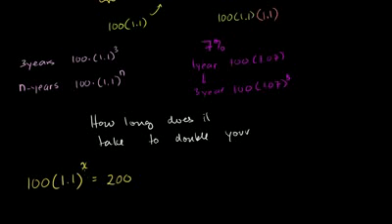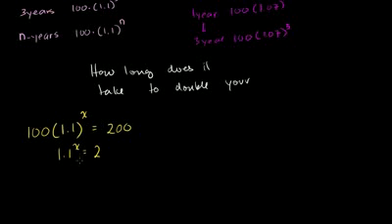And I'm going to have to solve for x, and I'm going to have to do some logarithms here. You can divide both sides by 100. You get 1.1 to the x is equal to 2. And then you could take the logarithm of both sides, base 1.1, and you get x.